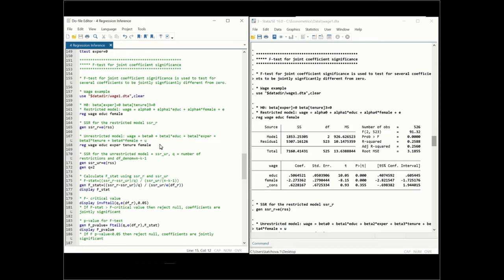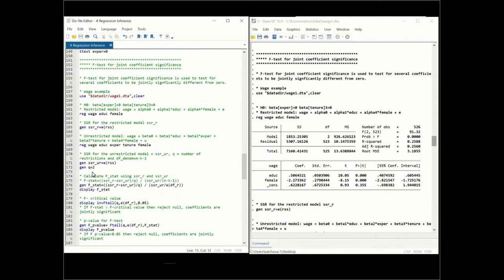So what's different from the previous example is that now we have two coefficients instead of one that we're testing for significance. But everything else is the same. We estimate the restricted model and save the sum of squared residuals from it, then estimate the unrestricted model and save the SSR for the unrestricted model using e of residual sum of squares.